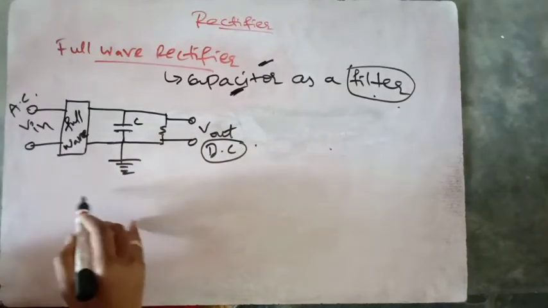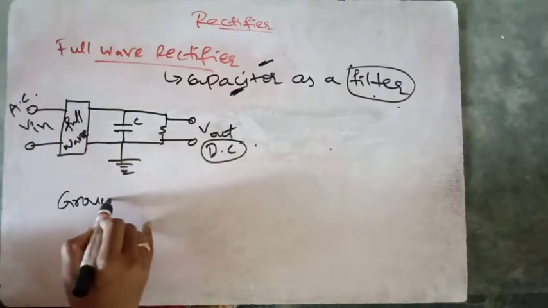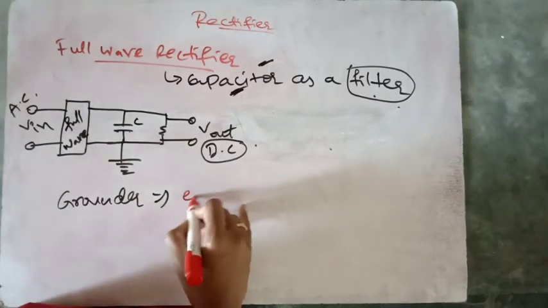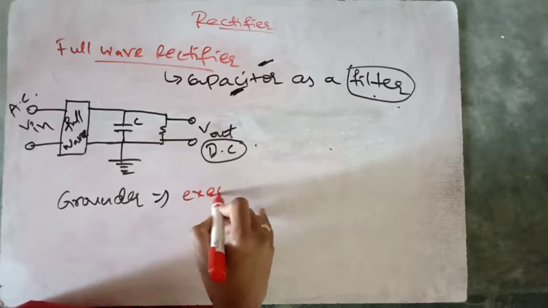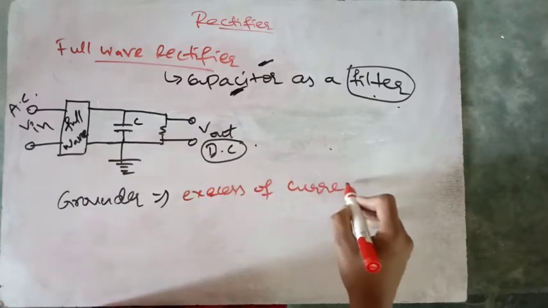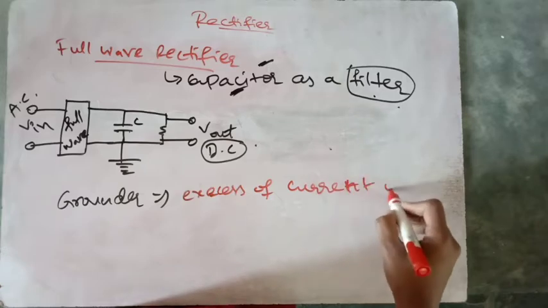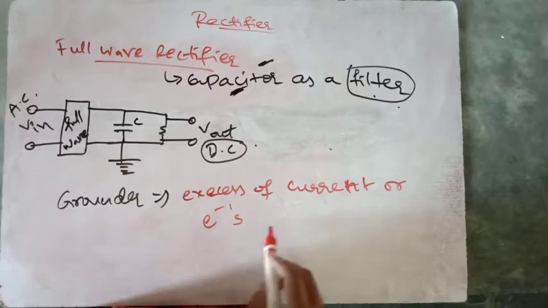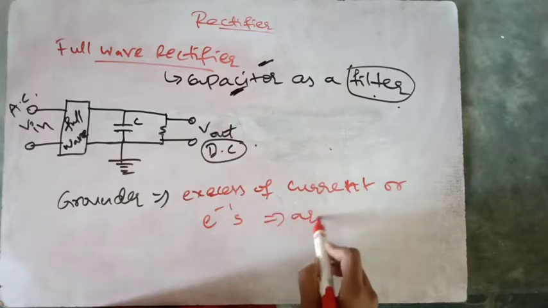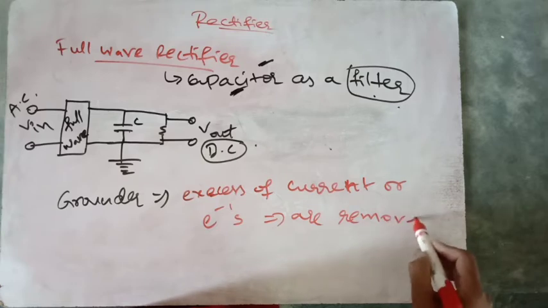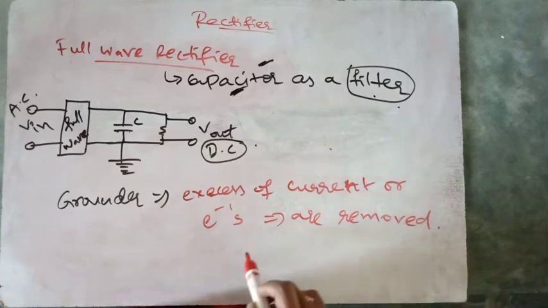What is grounding? Grounding is nothing but the excess current or electrons are removed by grounding.